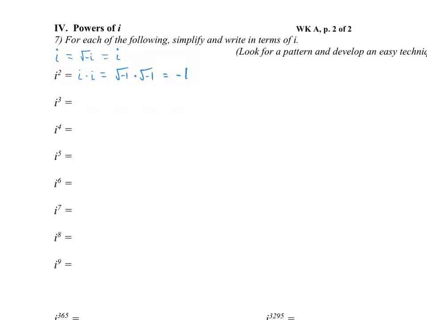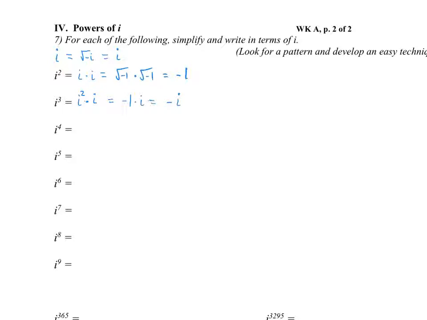Okay, i to the third is going to be i squared times i, which is negative 1 times i, which is negative i.